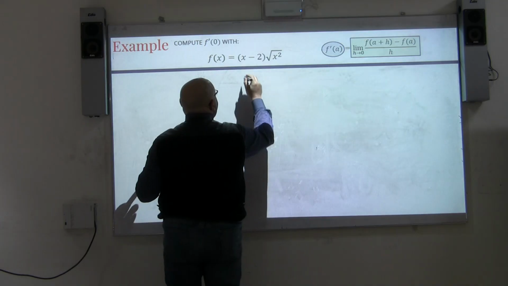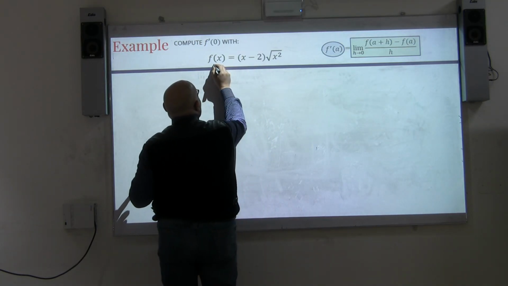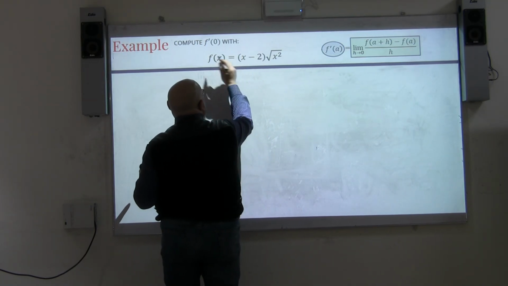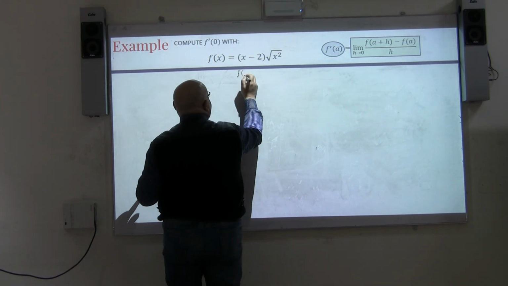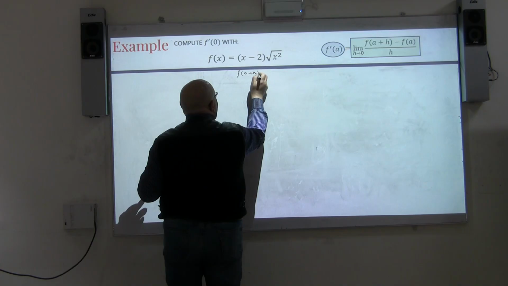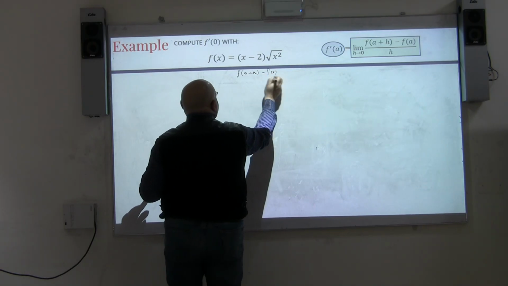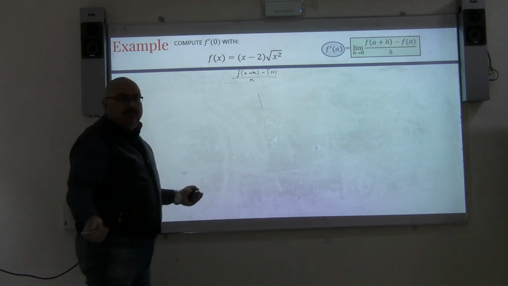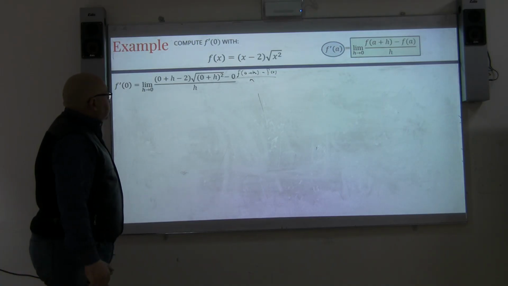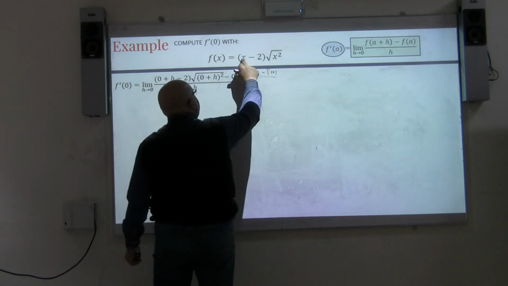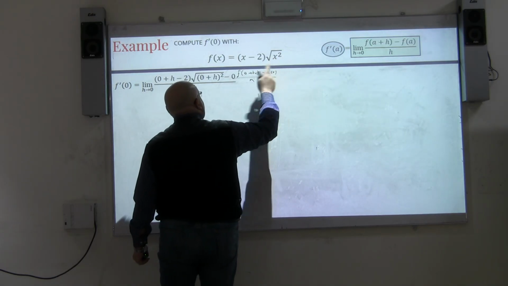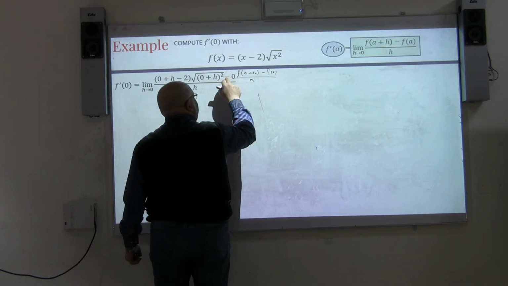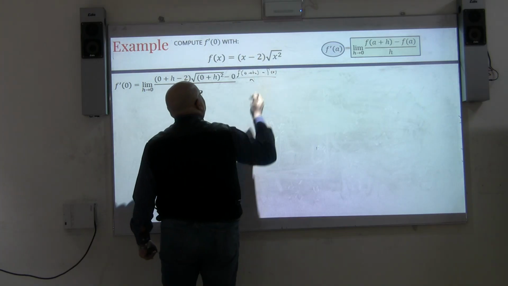So in order to evaluate the value of the derivative at 0, all I have to do is make the substitution of f at 0 plus h minus f at 0, divided by h. Once more, I will replace x by 0 plus h, and this x will be replaced also by 0 plus h, minus the value of this function at 0.